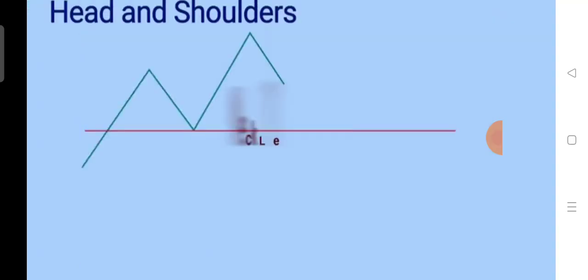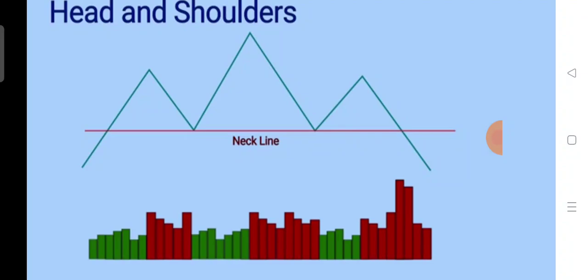Now, one thing you should remember is that volume plays a significant role in recognition and later the performance of the pattern. If in the later up moves we find that the volume is on the lower side, and in the down moves during the head and shoulder formation the volume is on the higher side, and if on the break of the neckline volume is quite high, then it is an assuring factor that the head and shoulder pattern we saw is now going to perform.